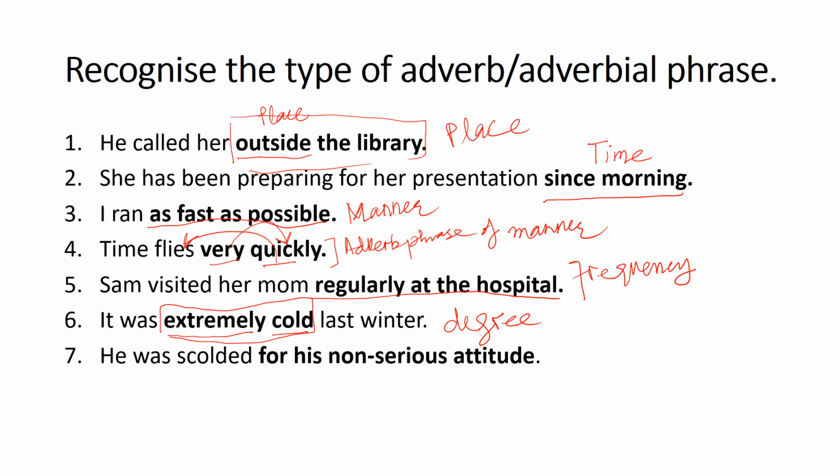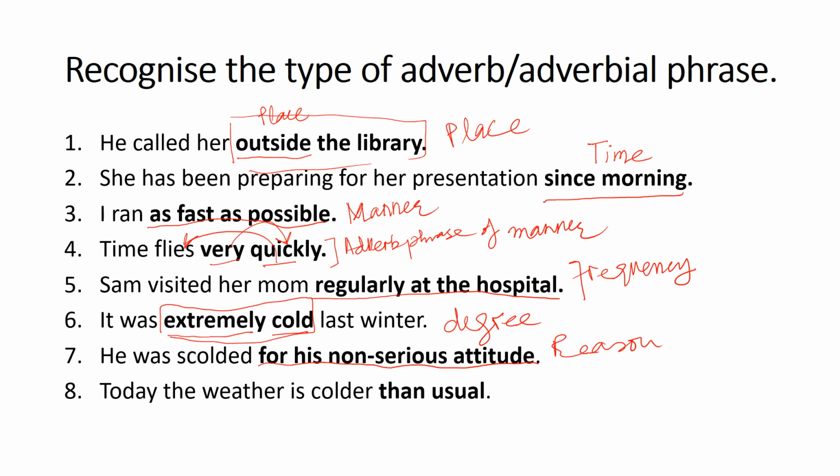What was the reason? His non-serious attitude. So for his non-serious attitude is what? An adverbial phrase of reason. And the last sentence: today the weather is colder than usual. So than usual, what's your opinion? It is a comparison. It is an adverbial phrase of comparison.